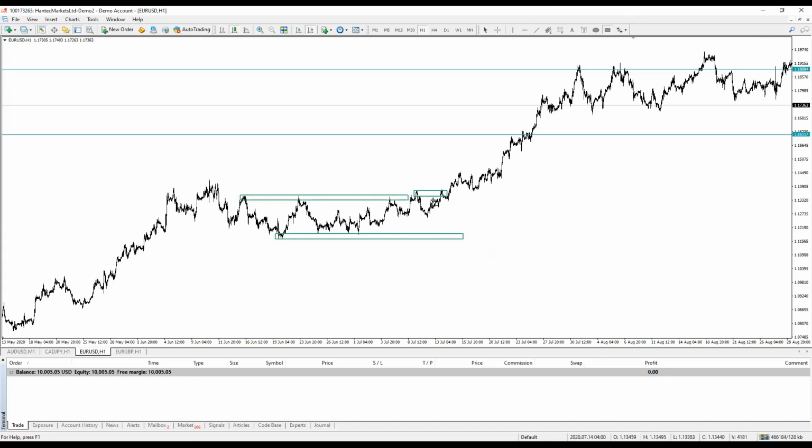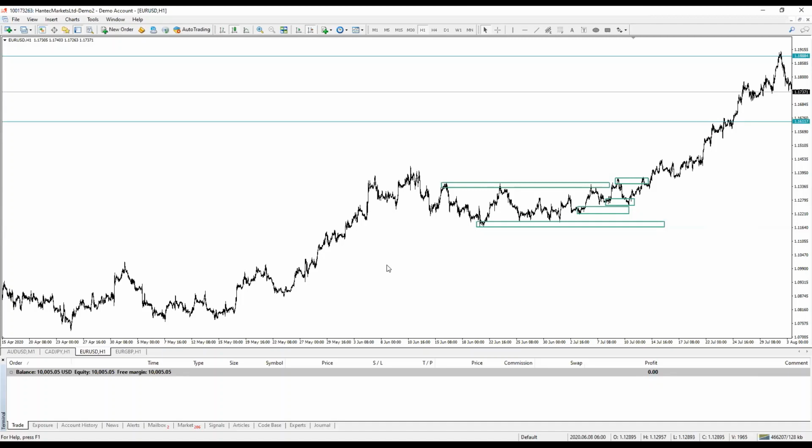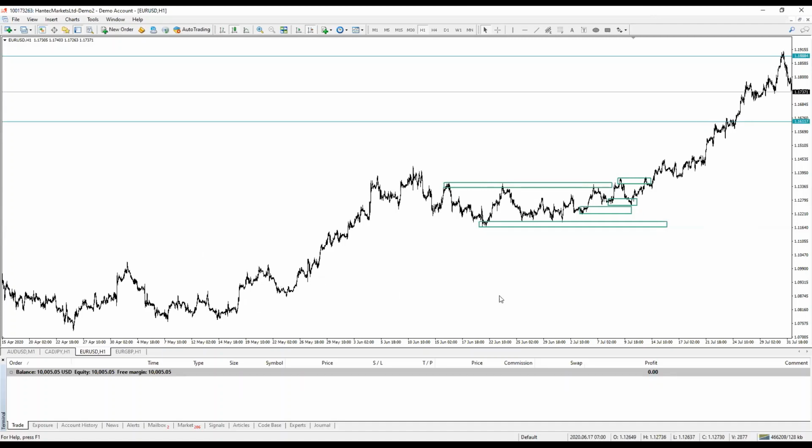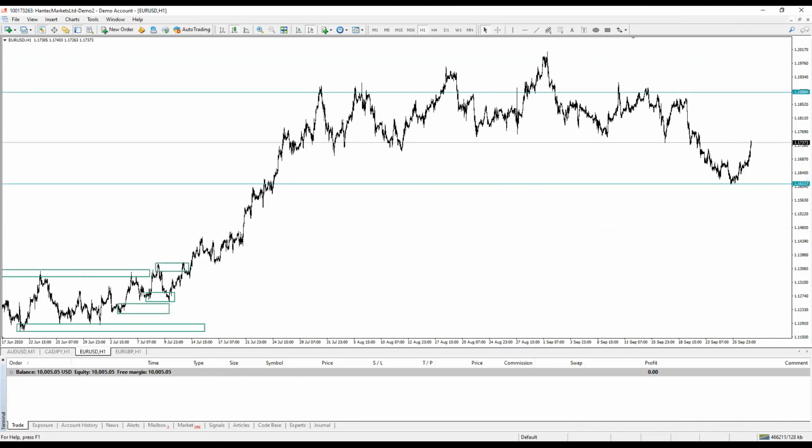Here's demand right here, and price is being held by demand, and another decision point right here, which is a bit lower. So we can't say it's a reaction to this, but you get the idea. If you investigate how price moves from supply and demand, then you would have a good idea of how to use supply and demand for swing trading.